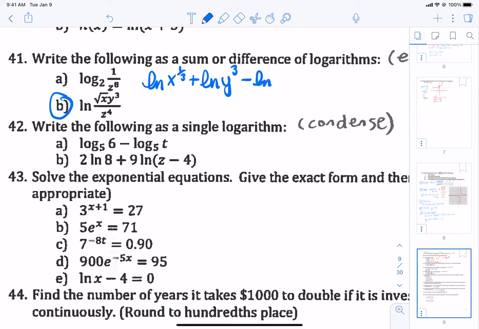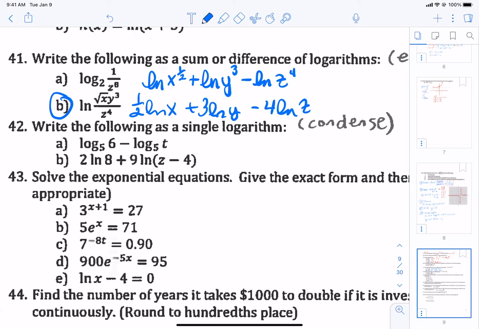Any factors on the bottom become a negative, and then the last thing to do to expand is to drop your powers down in front. I'm sorry, I wrote that as a 1/3. Square roots are 1/2. So drop that 1/2 down in front, drop that 3 down in front, drop that 4 down in front. Okay?